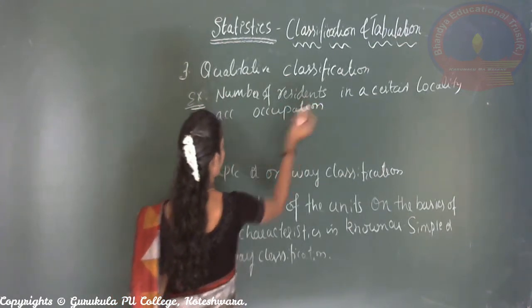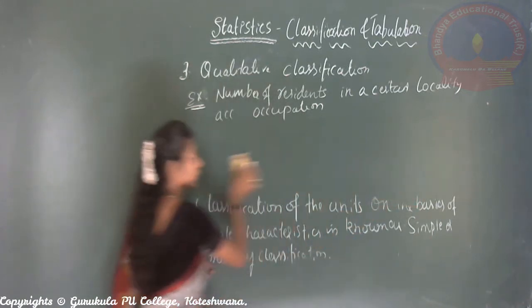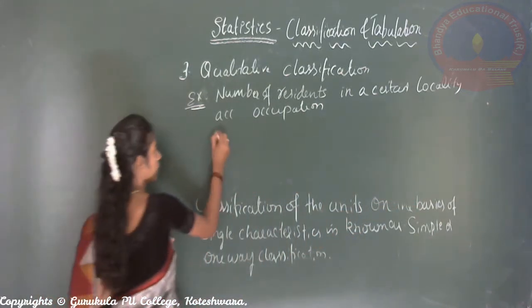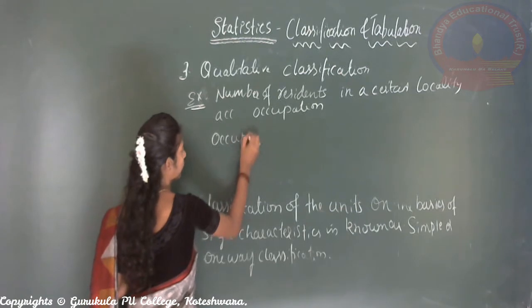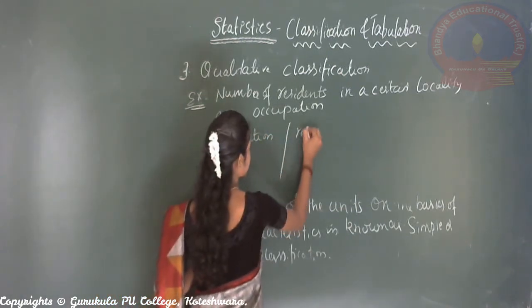Here I can consider occupation as one particular characteristic, with occupation and number of residents.